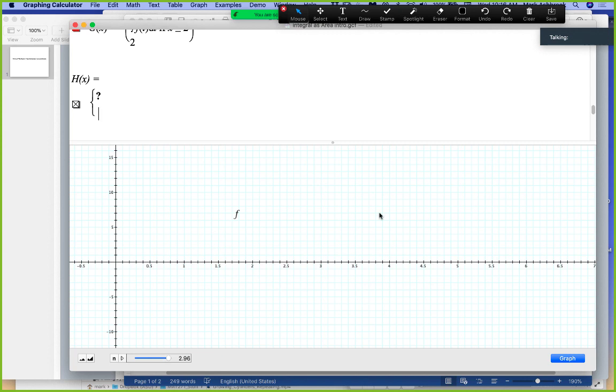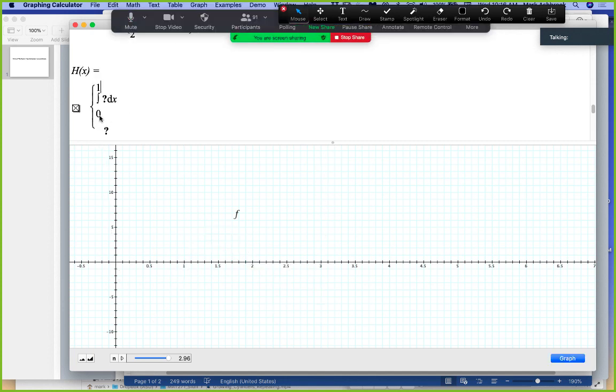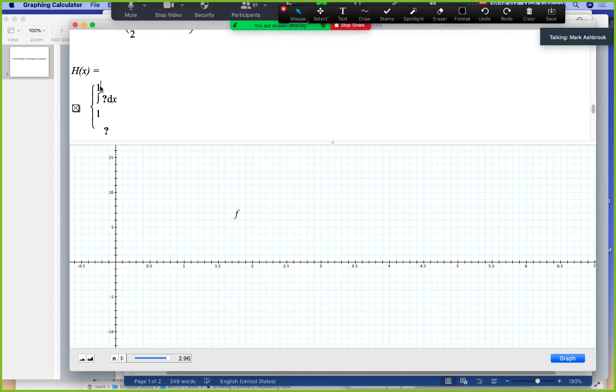So what about the first piece? For the first piece, I can just use the signed area function, right? Since it's always positive, I can just do the integral of f, from 1 to x of f of t dt.